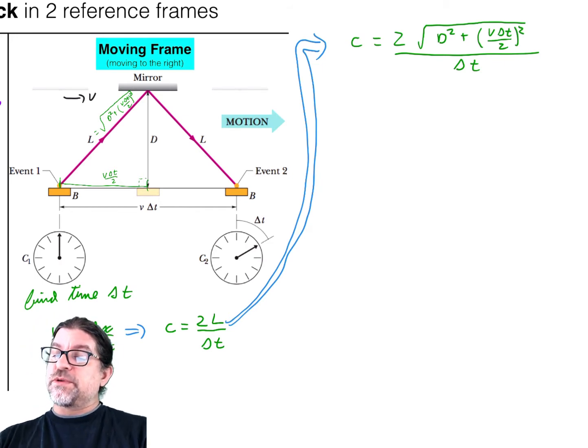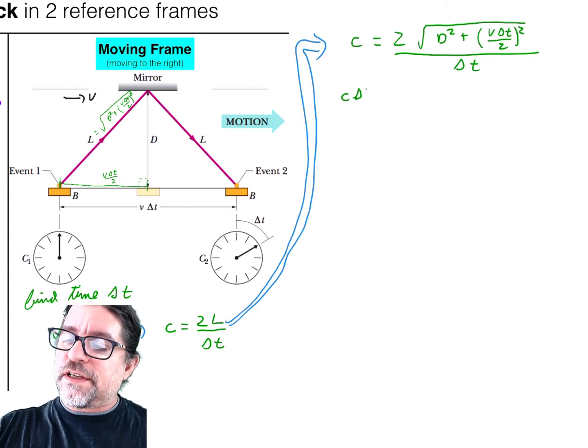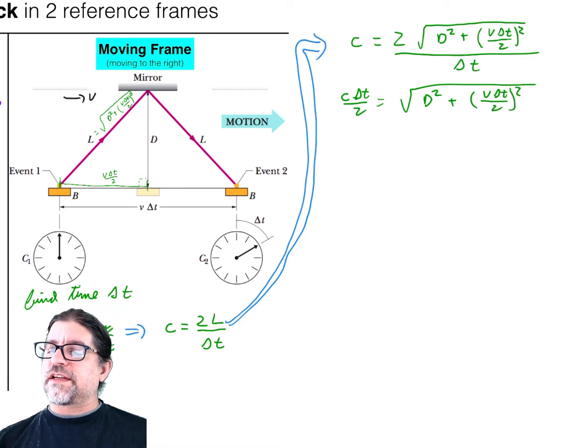Let's move the 2 and the delta t over to the left-hand side. So I end up with c delta t over 2 is equal to the square root of d squared plus (v delta t over 2) squared, right? All I did was move over that 2 and that delta t. Let's square both sides.